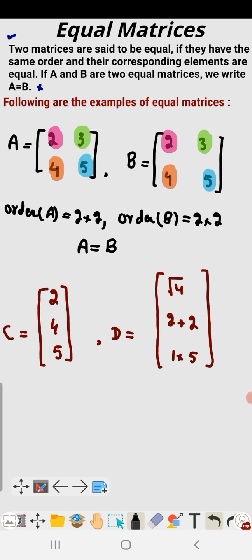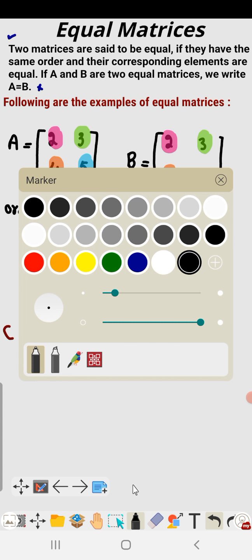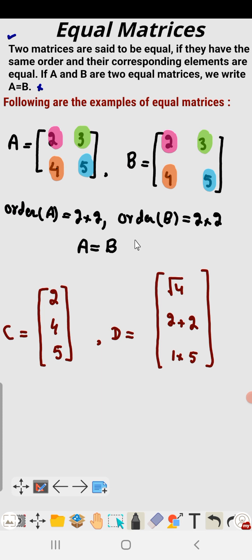Now see matrices C and D. We see that the order of C is equal to 3 by 1, and the order of D is also 3 by 1.